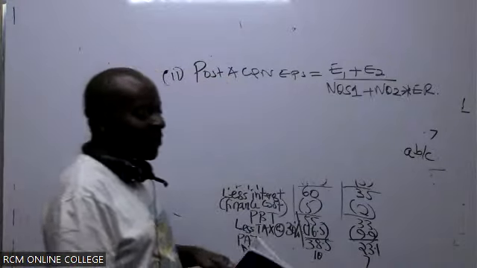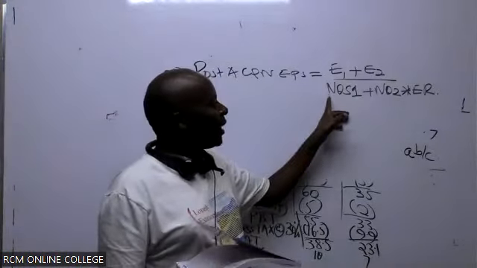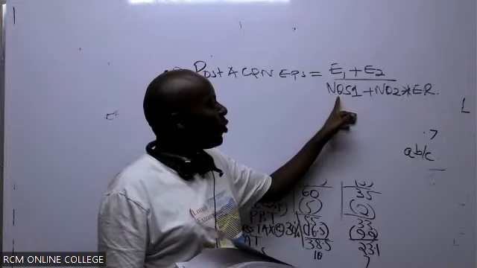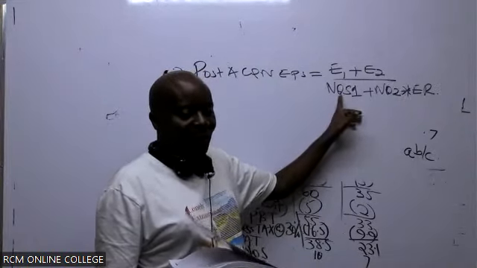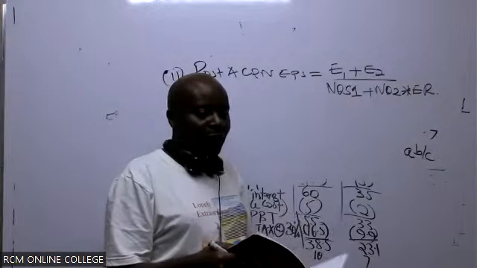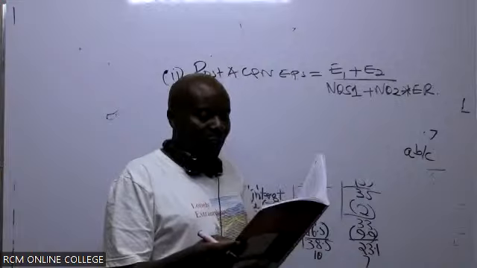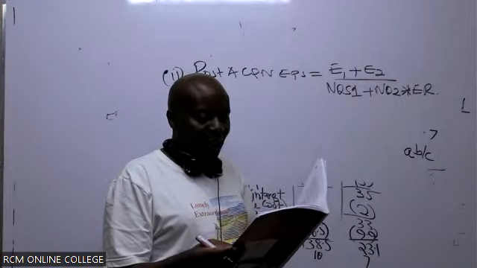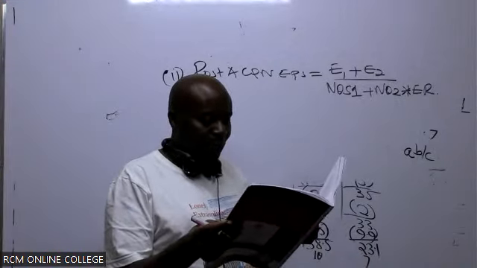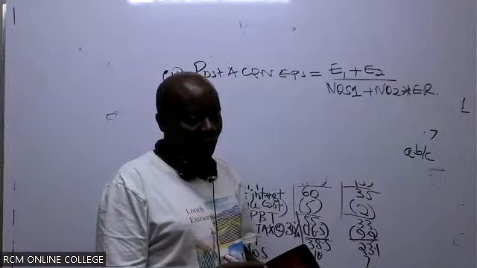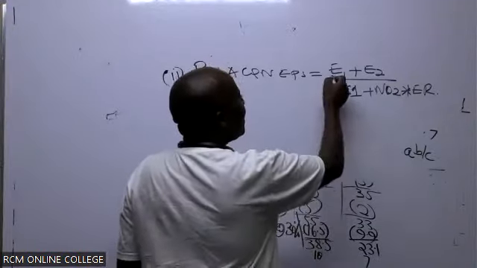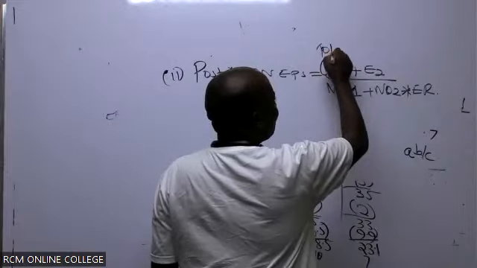Please write this in full somewhere there. This is N1, the number of ordinary shares. I hope up to there you are able to follow. And don't forget that this stands for total earnings, not EPS.